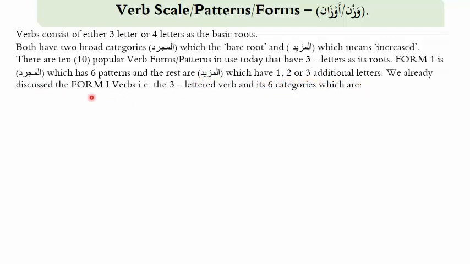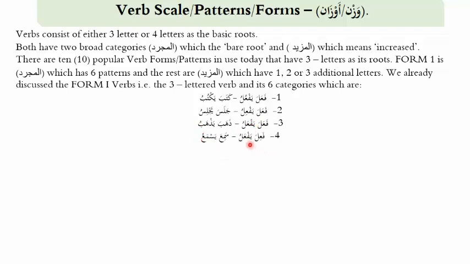We already discussed the form 1 verb, that is the 3-lettered verb, and its 6 categories, which we're going to just revise here. Fa'ala yaf'ulu, like kataba yaktubu. Second one is fa'ala yaf'ilu, jalasa yajlisu. Third one is fa'ila yaf'alu, dhahaba yadhhabu is the example. Fa'ila yaf'alu, sami'a yasma'u.